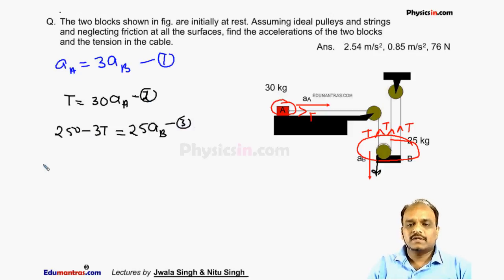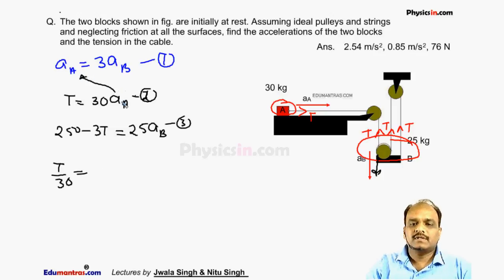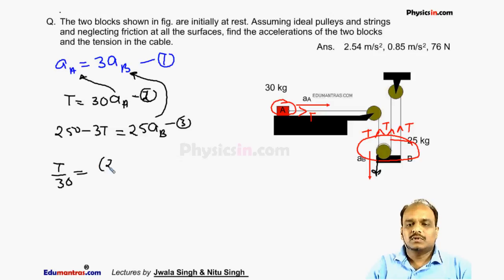Now from the first, second and third relations we can say acceleration of A means T by 30 is equal to, I will substitute the value of A and AB here, then I get T by 30 is equal to (250 minus 3T) divided by 25, into 3.